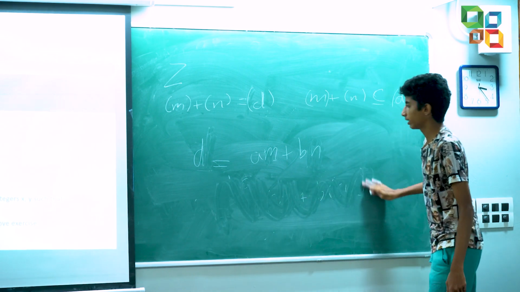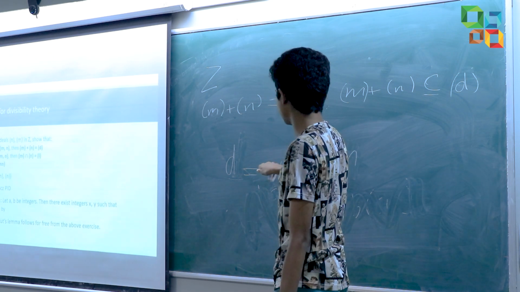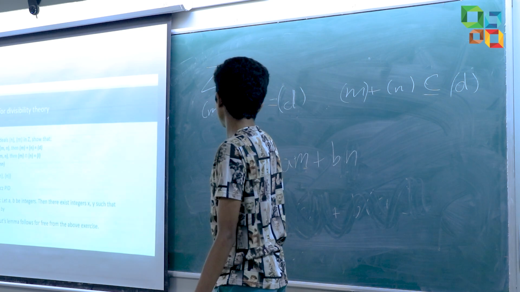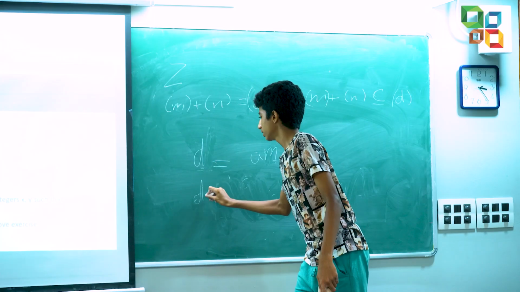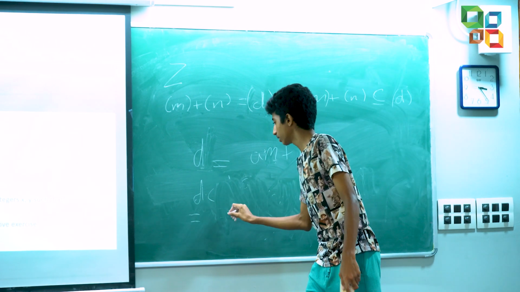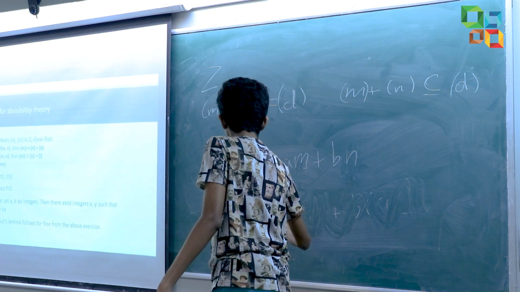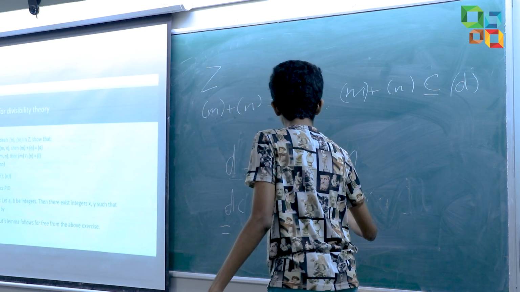Again the GCD of m and n can be written as am plus bn for two integers a and b. Then every element in D is of the form D times c, and you plug in am plus bn in place of D, you will get ac times m plus bc times n.